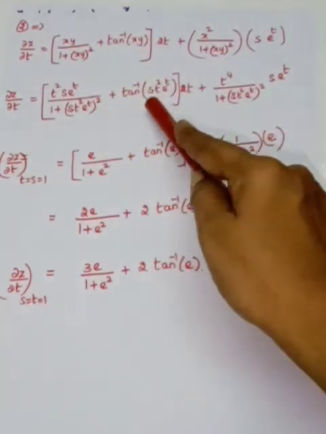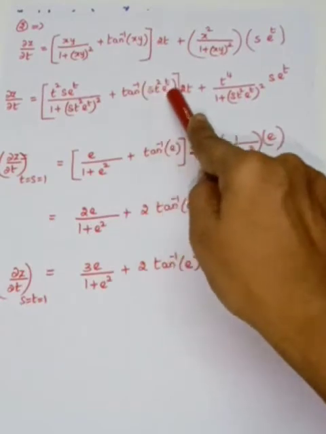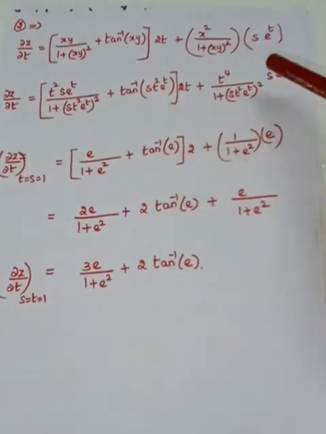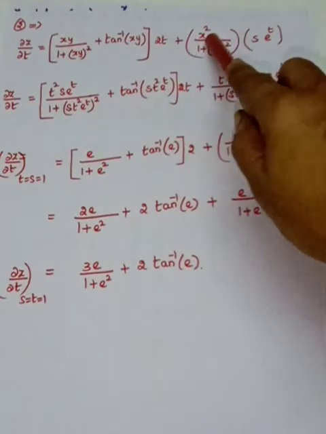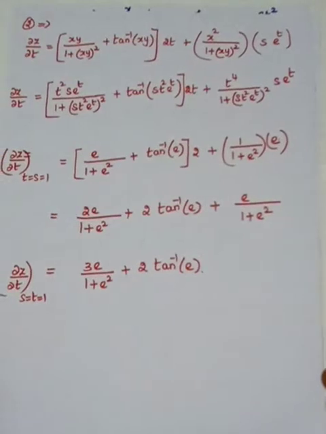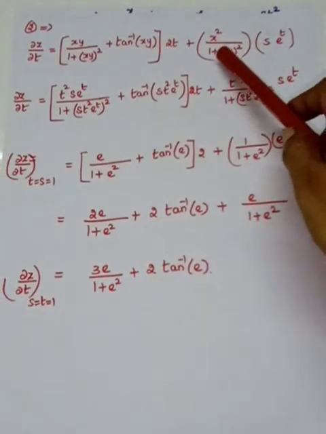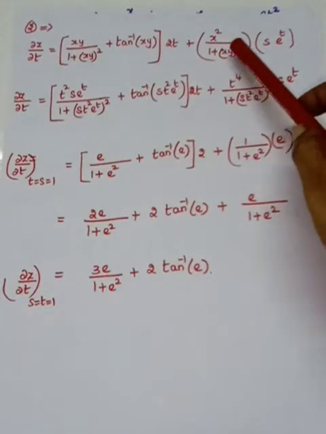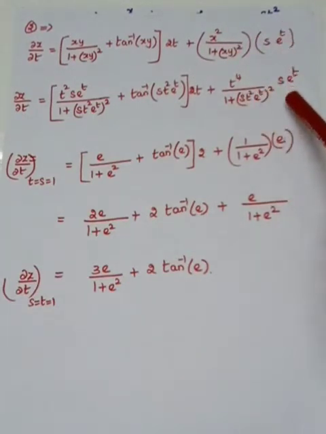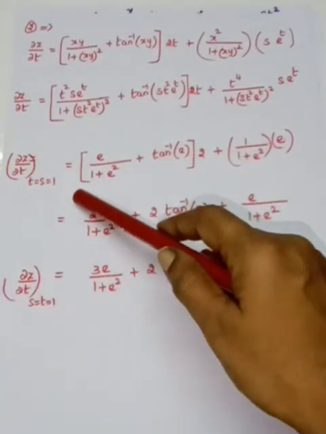Okay, tan inverse of x is t squared and y is s e power t, into 2t, plus here x, in the place of x what you have to substitute? T squared. So it is t power 4 divided by 1 plus, in the place of x t squared, in the place of y, s e power t the whole squared, into s e power t. So it has to be evaluated at t is equal to s is equal to 1.